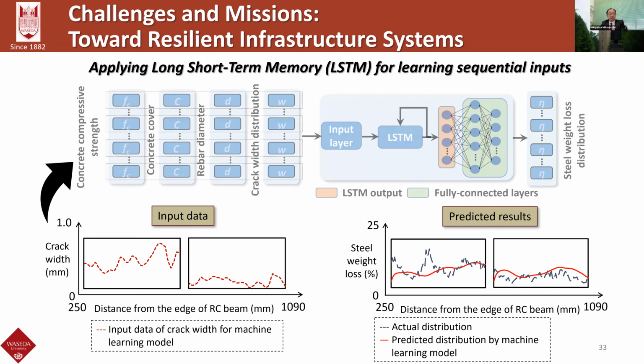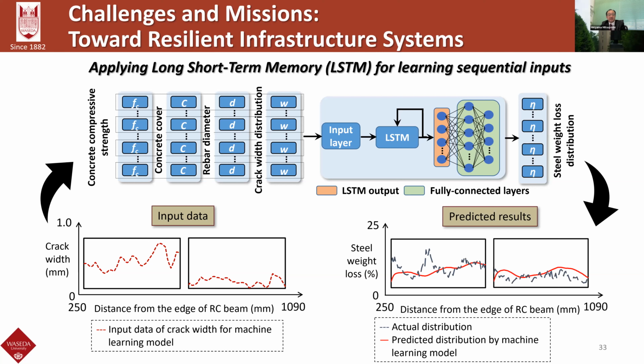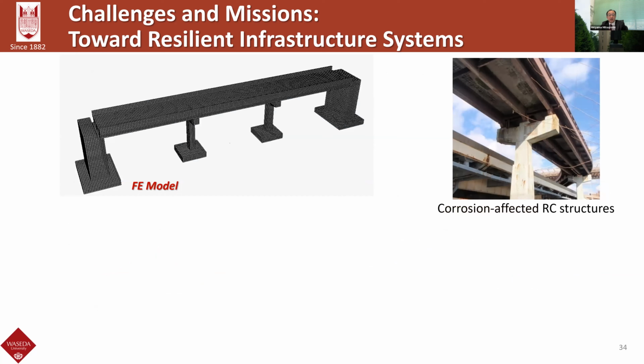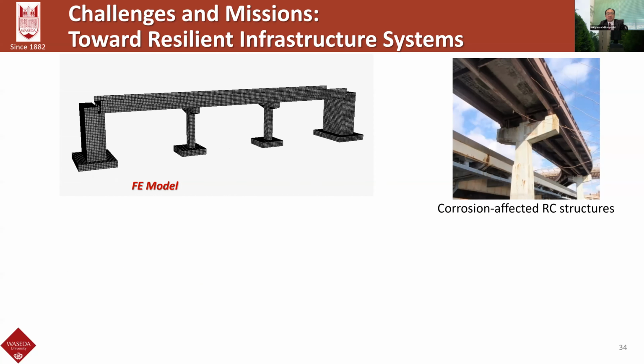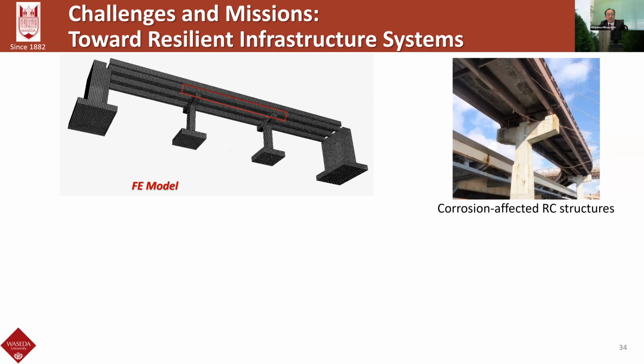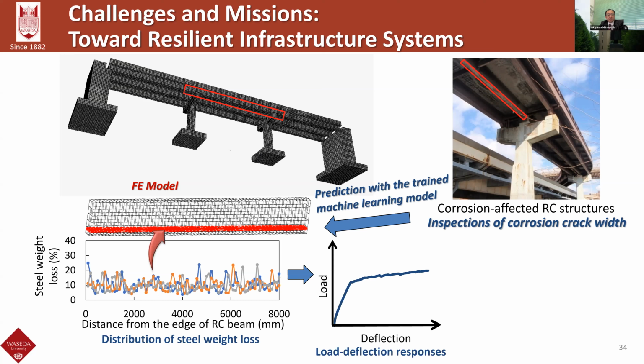So machine learning models are developed using a numerical database to estimate the steel weight loss distribution from the observational corrosion-induced crack distribution. There are many machine learning models, but we have to use models which can consider spatial correlation of steel corrosion. This slide shows a conventional long short-term memory, LSTM, model. So once we get the distribution of corrosion crack width from concrete members, the trained machine learning model can predict the distribution of steel corrosion.